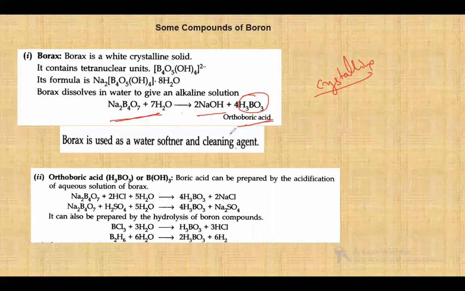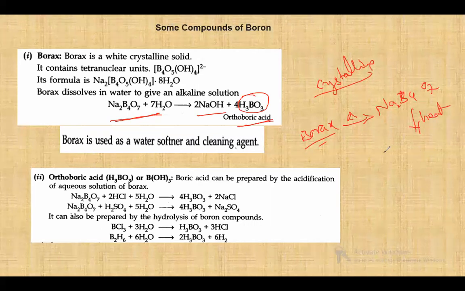Upon heating, decomposition of borax, Na2B4O7·10H2O: borax on decomposition gives Na2B4O7, as the water molecules are removed.